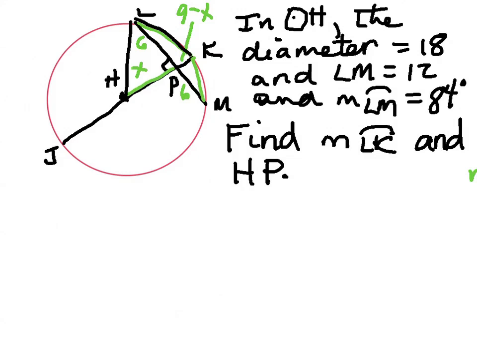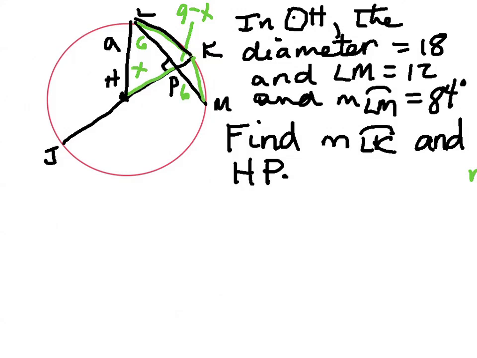I'm going to trace it for you. So here I go. It's this one. See me tracing that in red? That right triangle is the one to look at. The reason is because HL is a radius, and that radius is equal to 9. And therefore, in the right triangle, I know two sides, and I want to find HP.